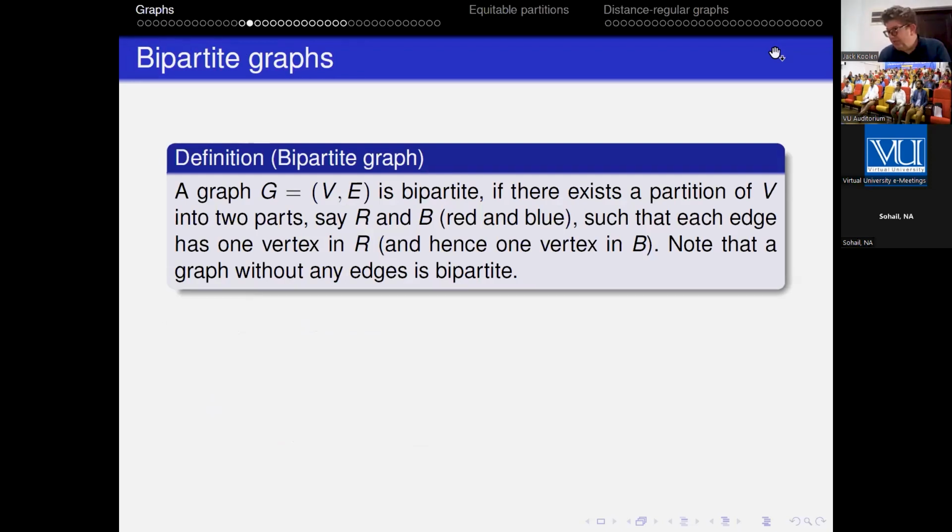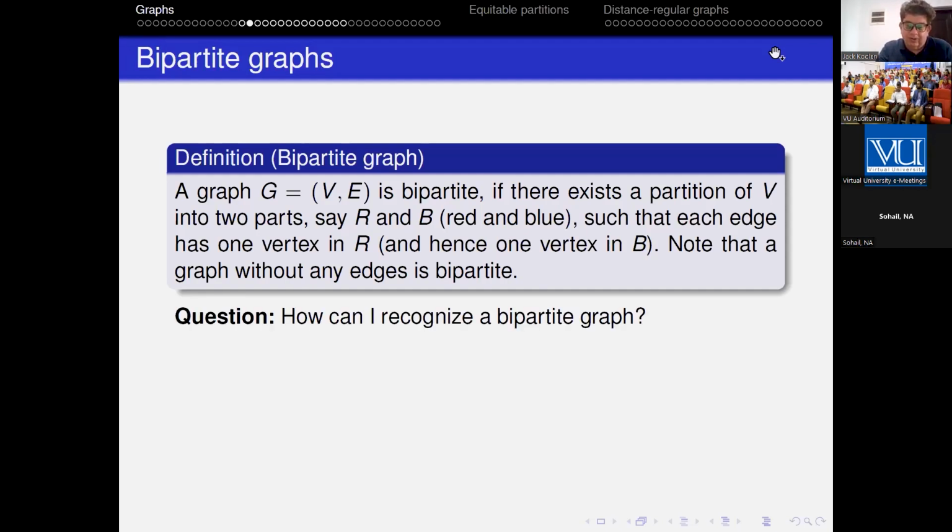A graph without any edges, a collection of isolated vertices, is also bipartite, but that's not so interesting. You cannot say that it is always two-colorable. I will discuss two-colorable later, but for now, let's not worry too much. How can I recognize a bipartite graph?